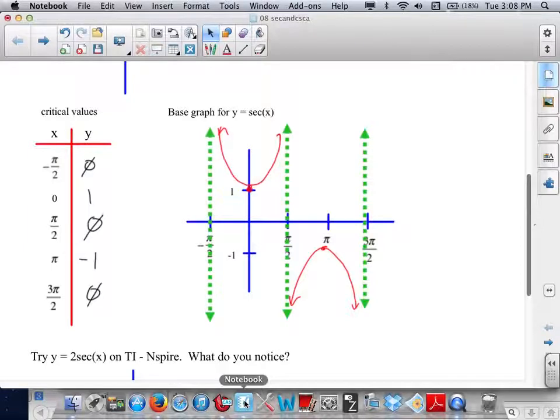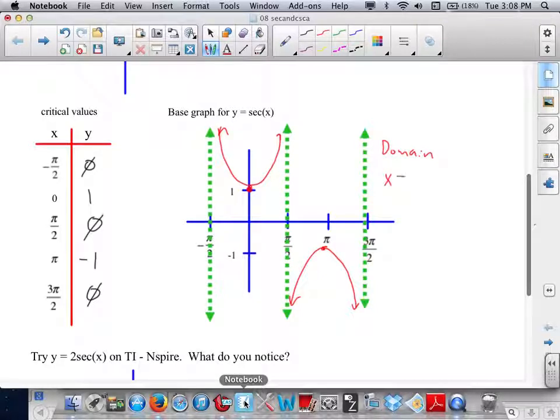Let me list the domain, range, and period for you. The domain of this function is pretty tough. The domain of this function is x cannot equal pi over 2n, where n is odd, just like tangent.